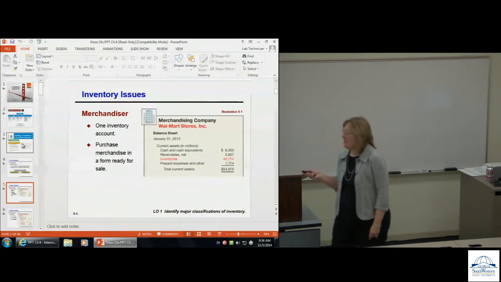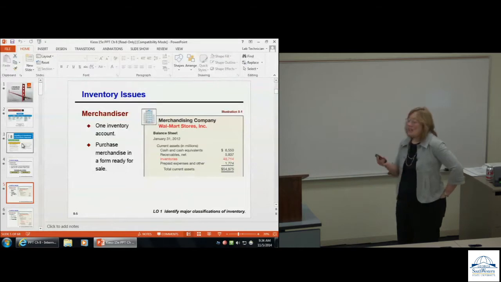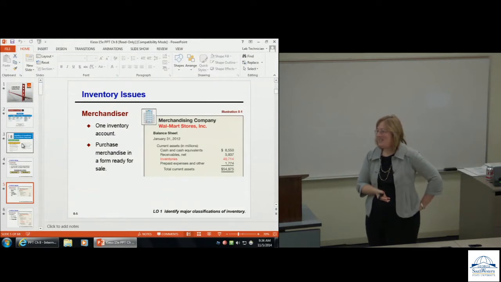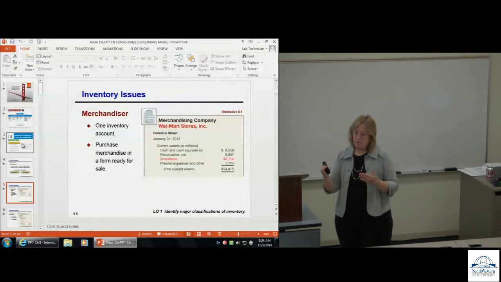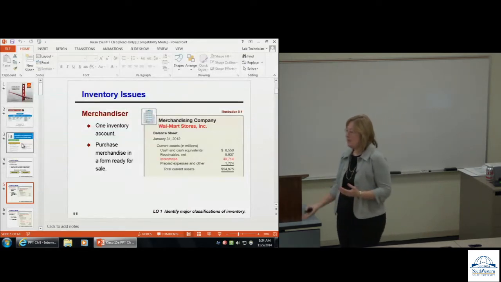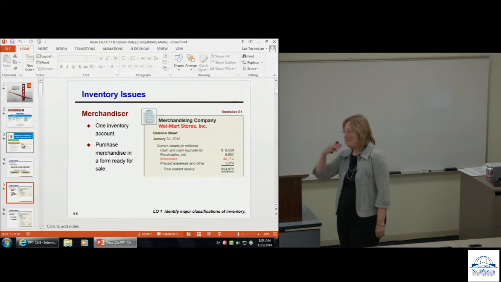For a merchandiser like Walmart, the only kind of inventory they have is just one kind of inventory, the thing that they bought, okay? So they keep it, let's just review. They're keeping it as an asset on the balance sheet until they sell it, at which time it will go to the income statement, not as a revenue, but as cost of goods sold.